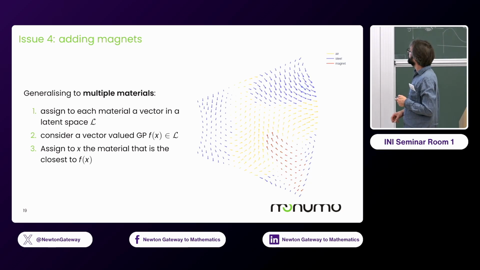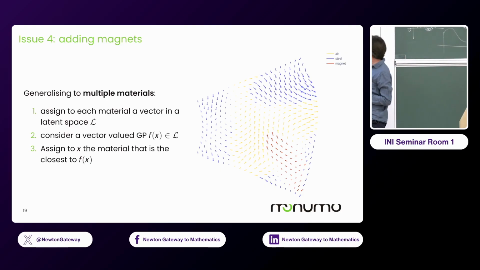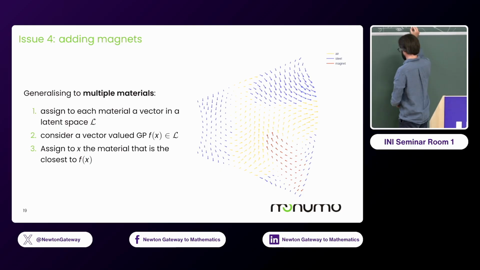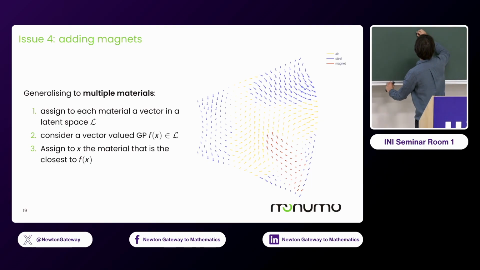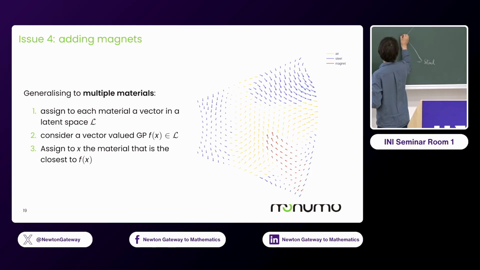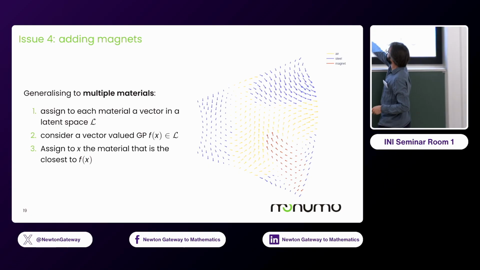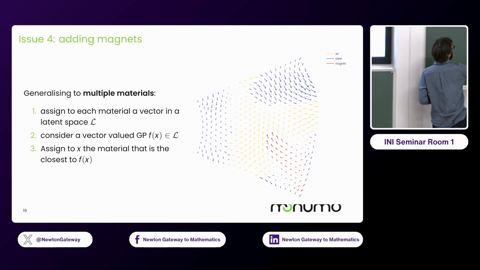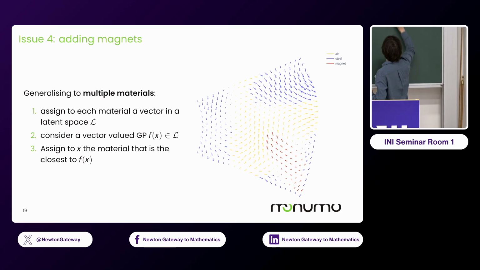And then I can look at a given node. I have air, steel, magnets, and for a given node, let's take this one over here, I have one vector that is like that.